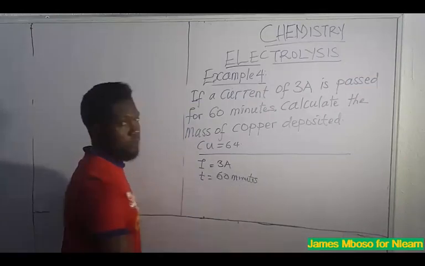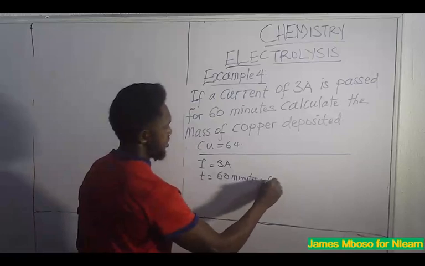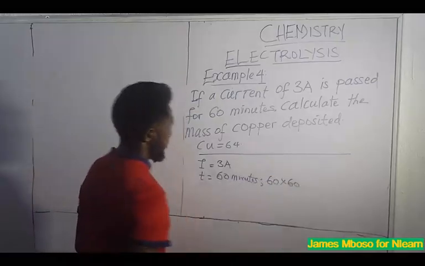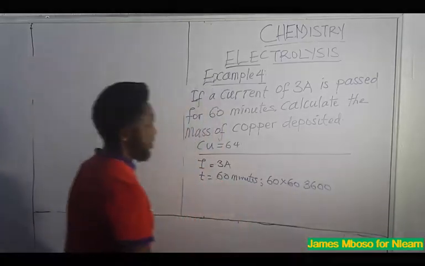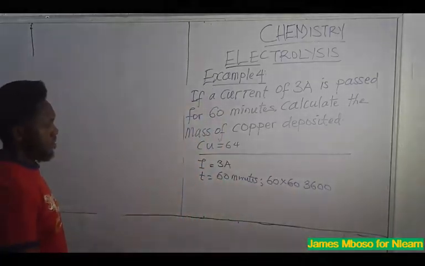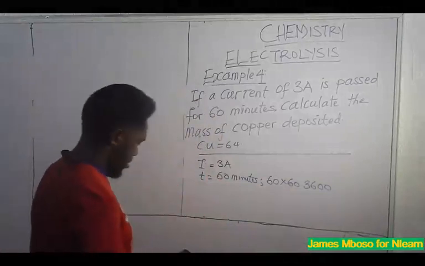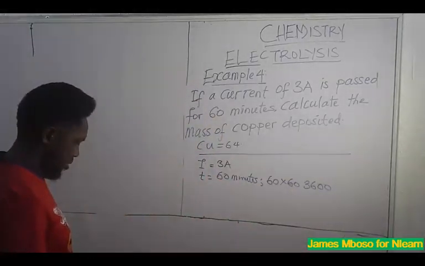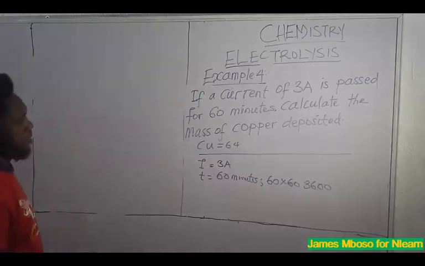Meaning that we have to break down the minutes to seconds. So this will give us 60 times 60, and that will give us 3,600 seconds. All right.